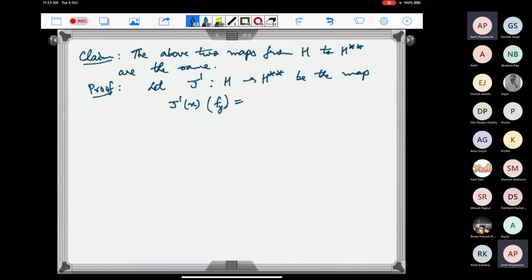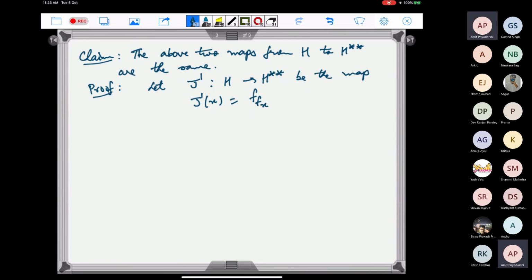So this is f sub x on f sub y. Maybe let me just write this. J dash x is this map f sub x.